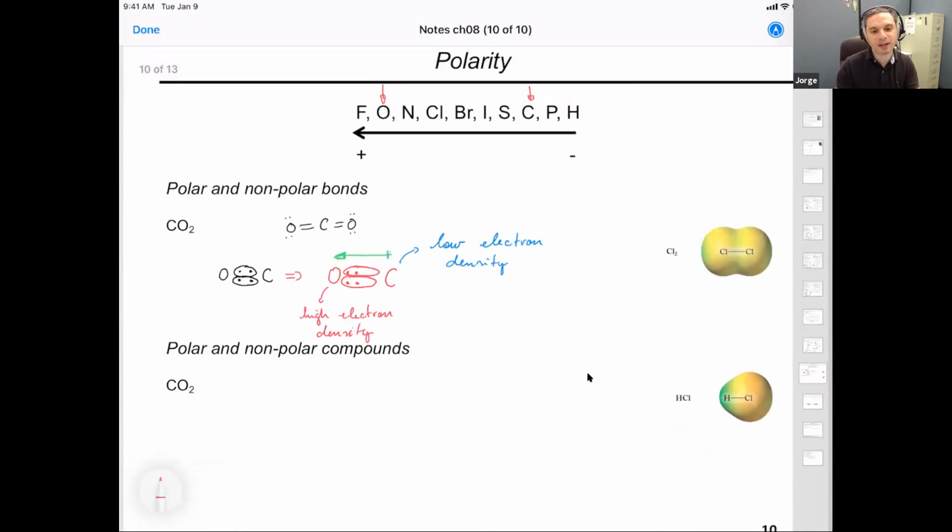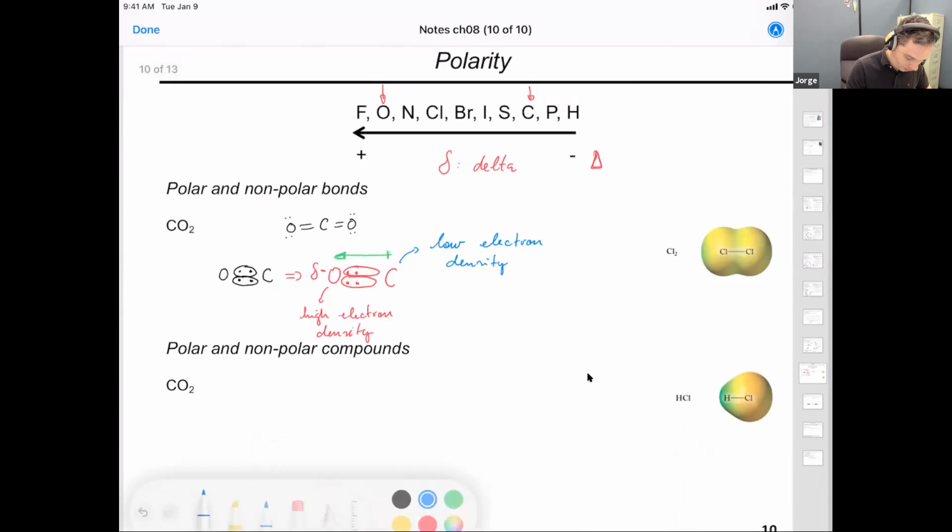To represent that we are creating a negative and a positive pole, we are going to use the symbol delta. Okay, so this symbol belongs to lowercase delta, so don't confuse it with uppercase delta. Therefore we have a delta minus on the oxygen because we have high electron density over there.